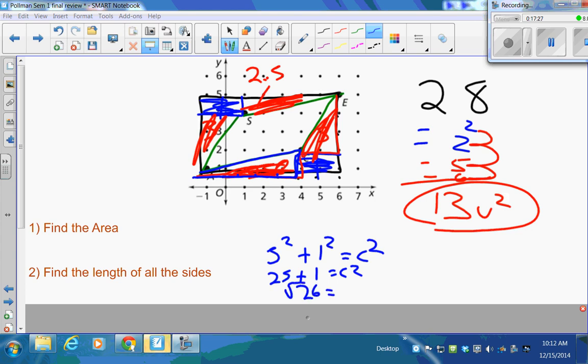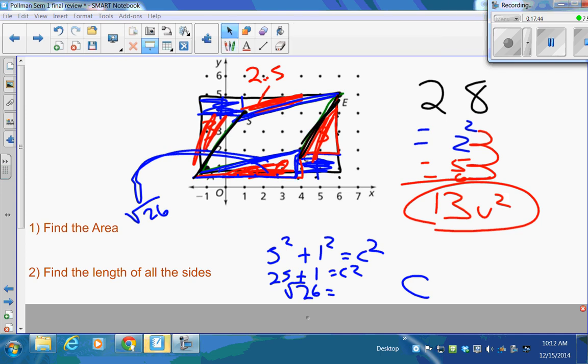Take the square root of it. This length right here of this line is the square root of 26. You have to do that for every side. Remember, your bottom length and your top one will be the same. So you would also have to do it for this one right here. If you don't know how to do this, please come see me immediately. This is on here, and you should have this on a previous test you got back. It's the exact same problem.